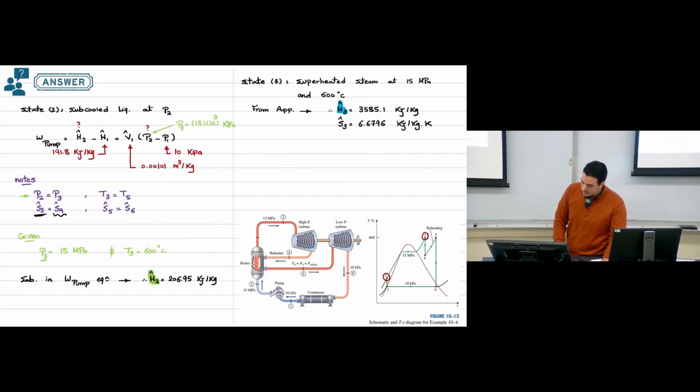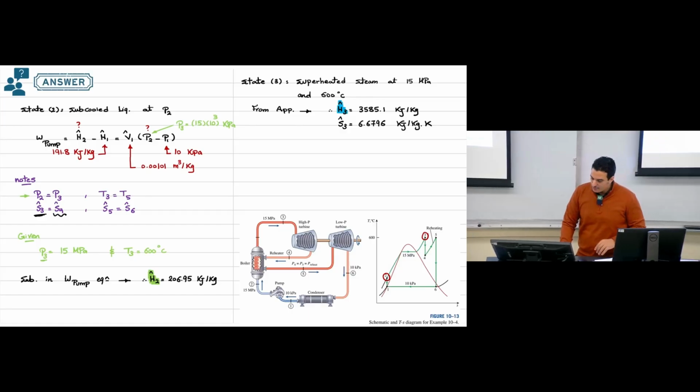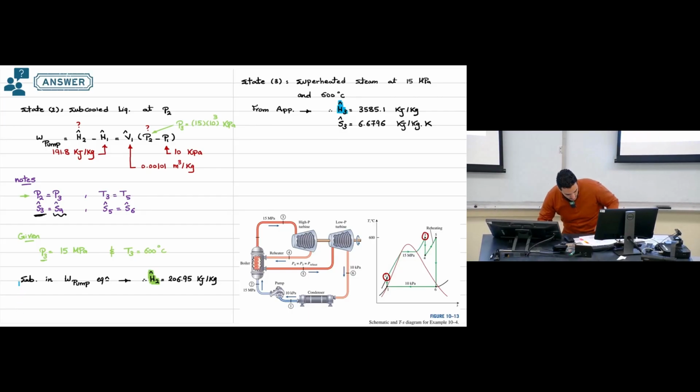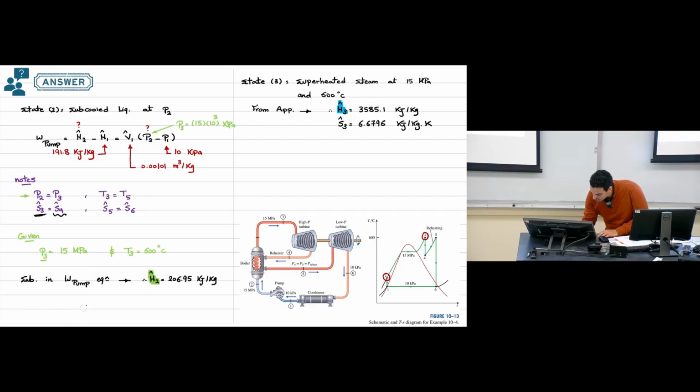So if we get back to point number 4, now I'm missing point number 4, point number 5. So let's see what we have now. We have state 4.